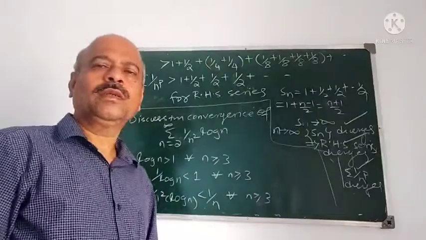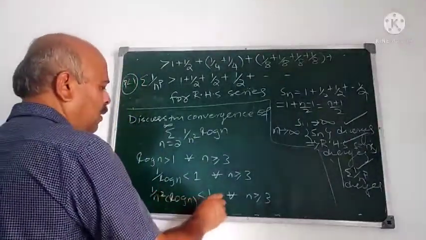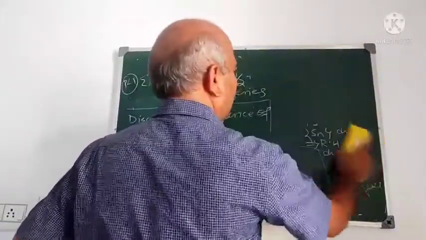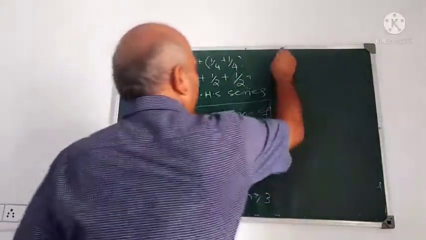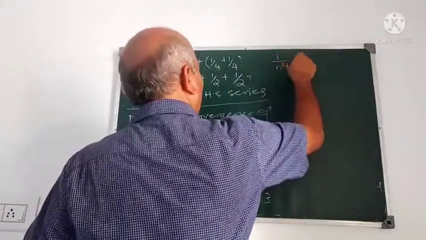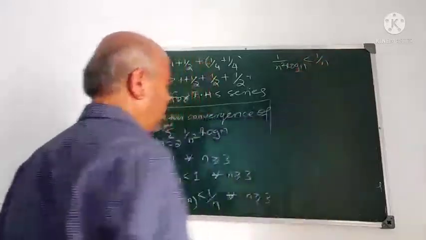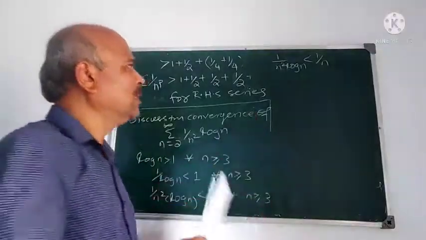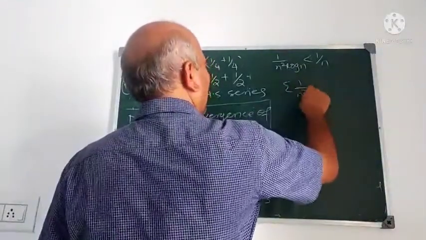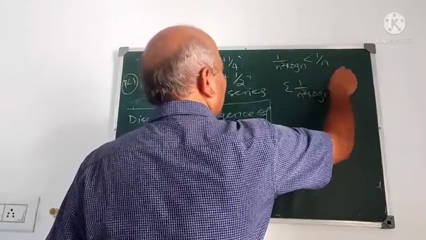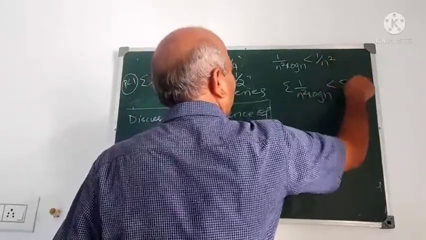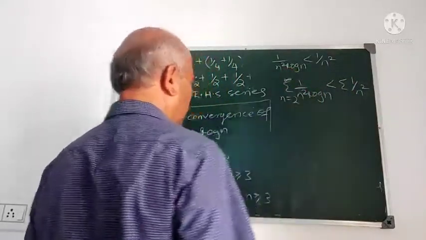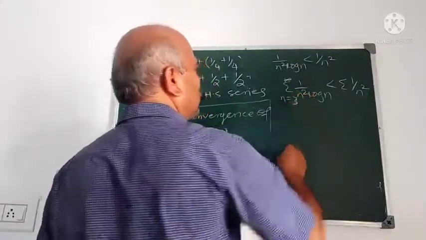Therefore, the series sigma 1 upon n square log n is less than sigma 1 upon n square, n equal to 2 to infinity here. Now we can take n equal to 3 to infinity.